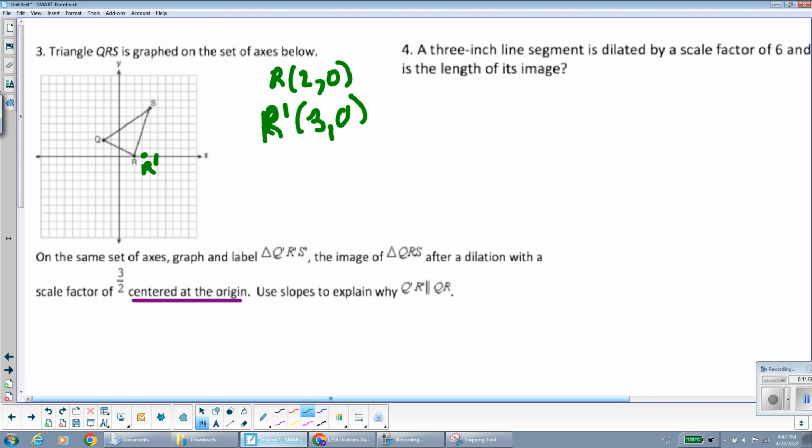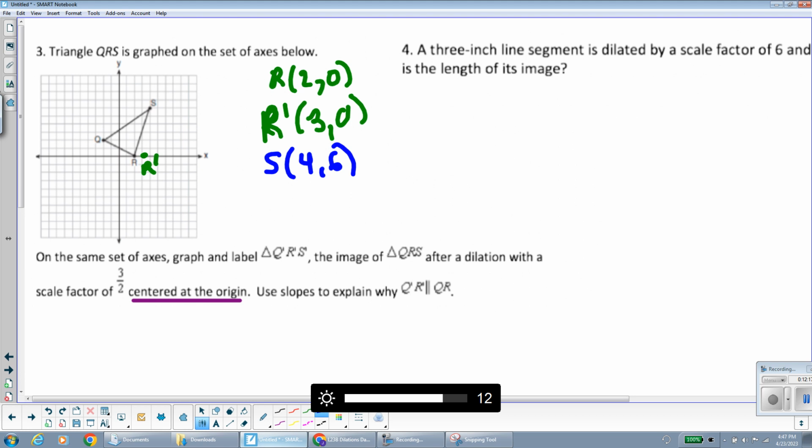Okay. Let's do S. 1, 2, 3, 4. 1, 2, 3, 4, 5, 6. Okay. So let's multiply 4 by 3/2, and that is 6.